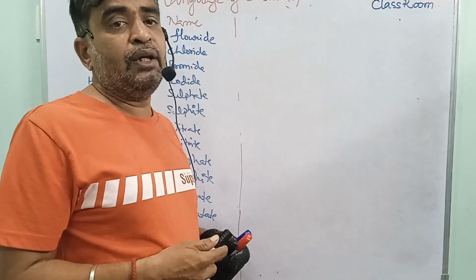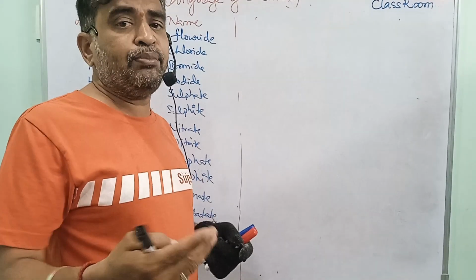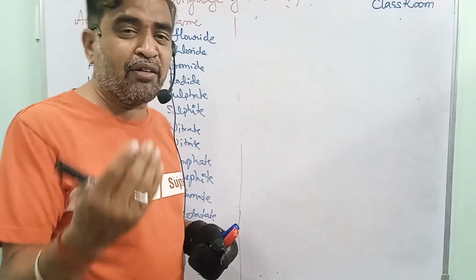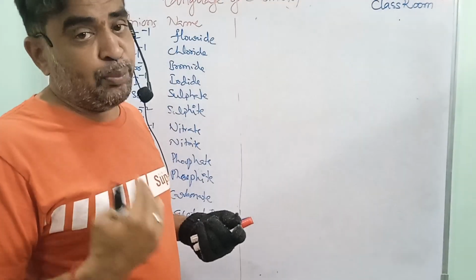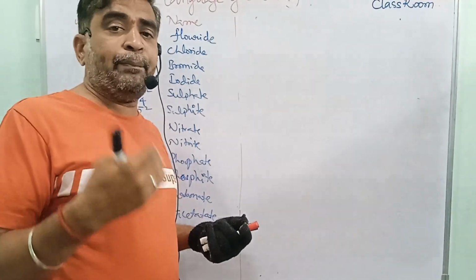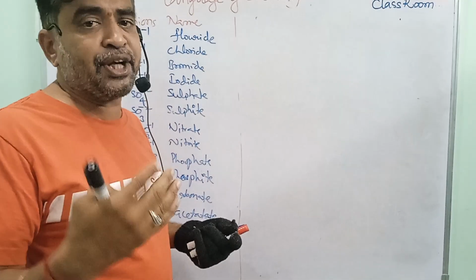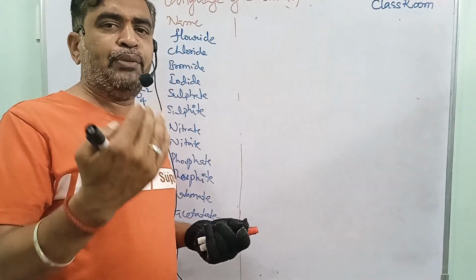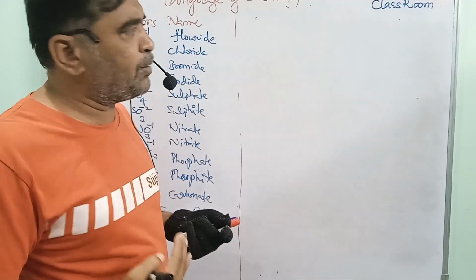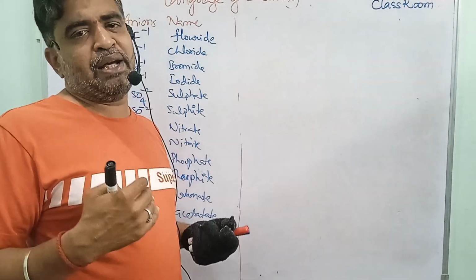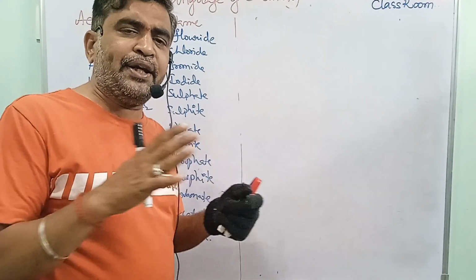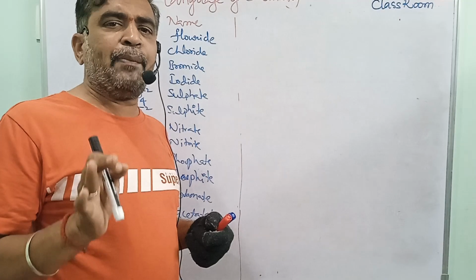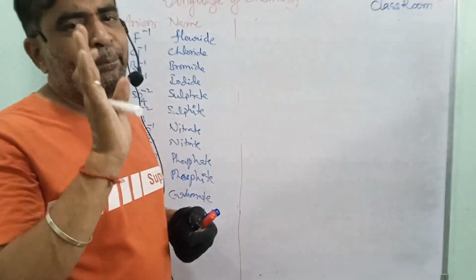First group elements: lithium, sodium, potassium, rubidium, cesium, francium. Second group elements: beryllium, magnesium, calcium, strontium, barium and radium. Third group elements: boron, aluminium, gallium, indium, thallium. And d-block elements, almost all d-block elements have the metal property. So metal property elements form the bases.